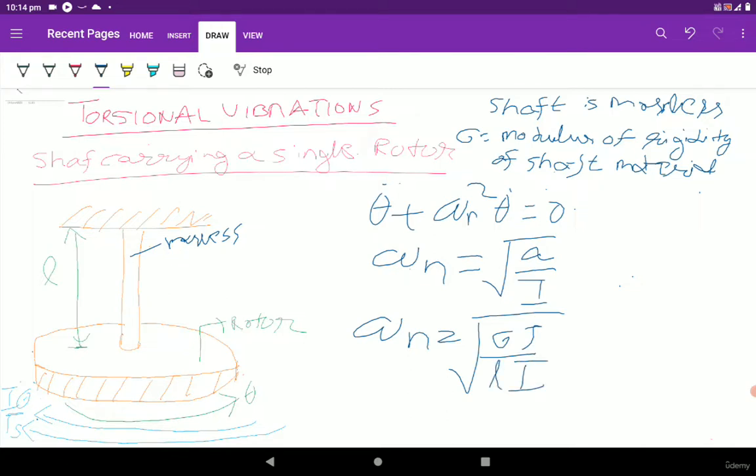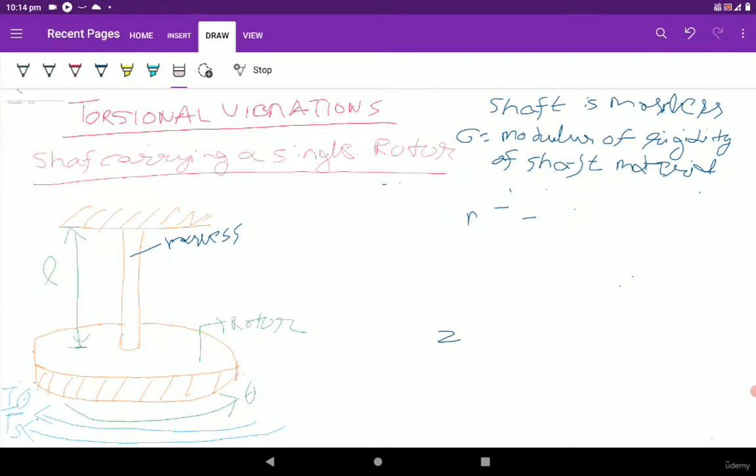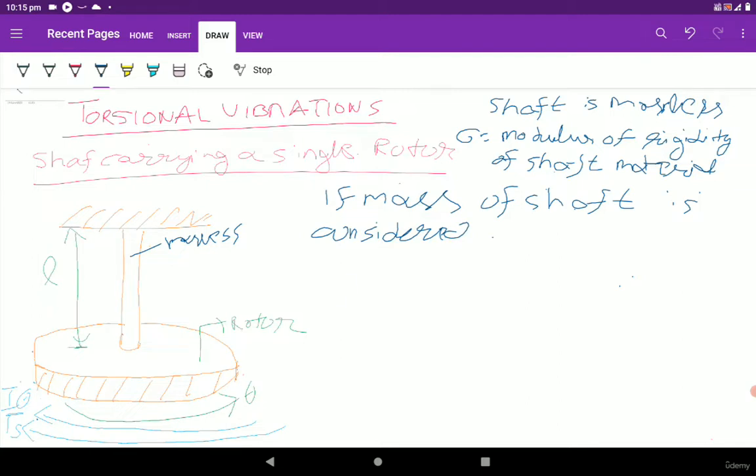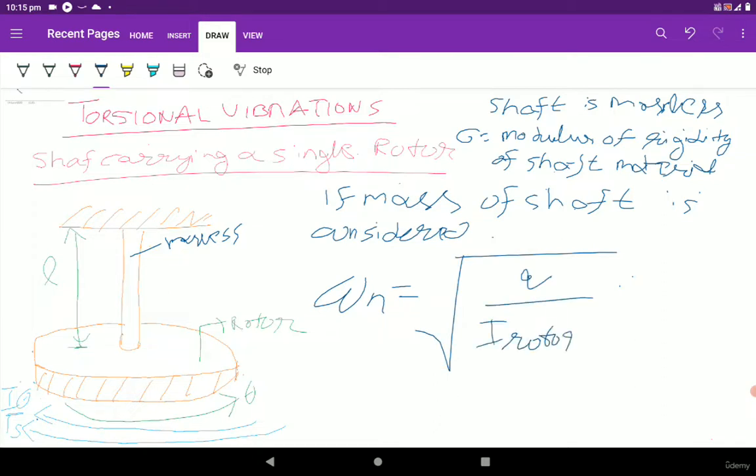Now if we are going to consider the mass of the shaft, if the mass of the shaft is considered, then the natural frequency is given by the formula omega n is equal to under root of q by moment of inertia of rotor plus moment of inertia of the shaft by 3.